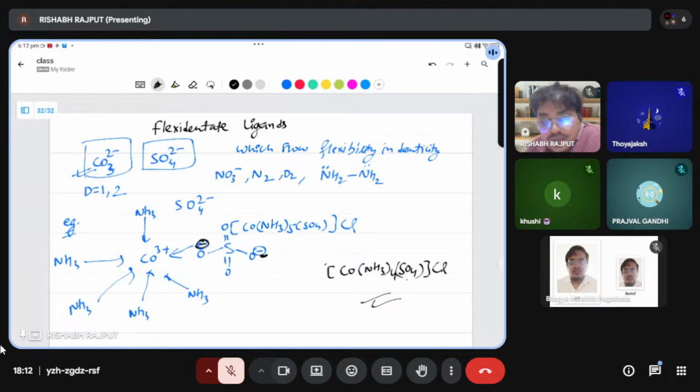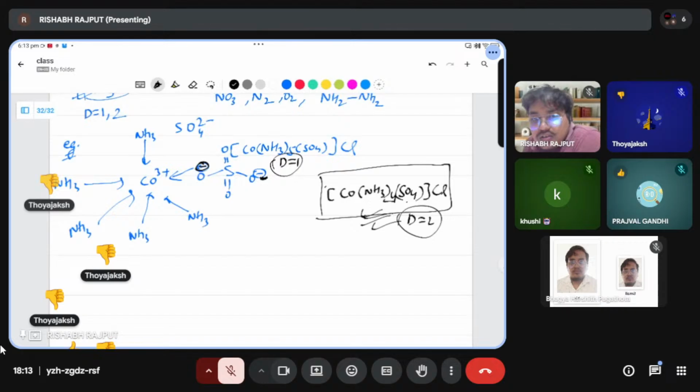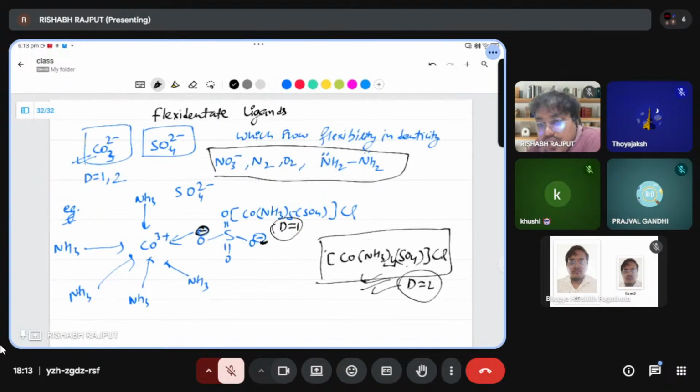I will move ahead. Okay, what happened? Tell me. So these are examples where they will show denticity more than one also. It depends on the coordination compound.